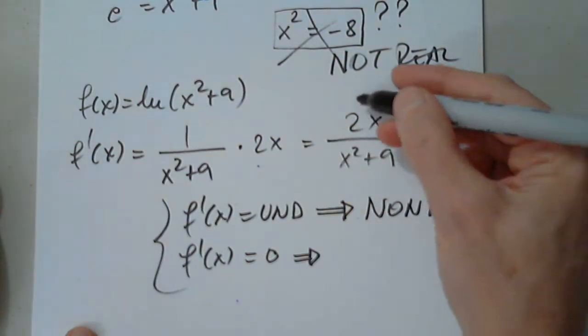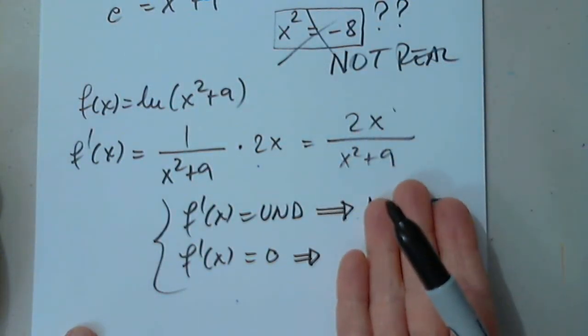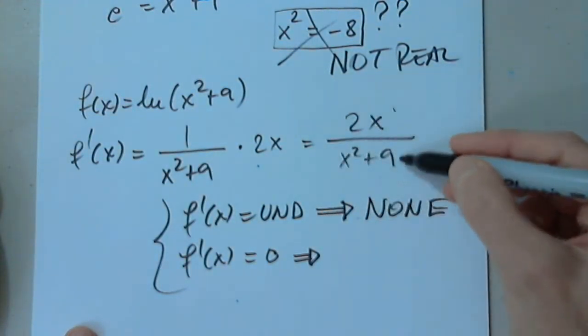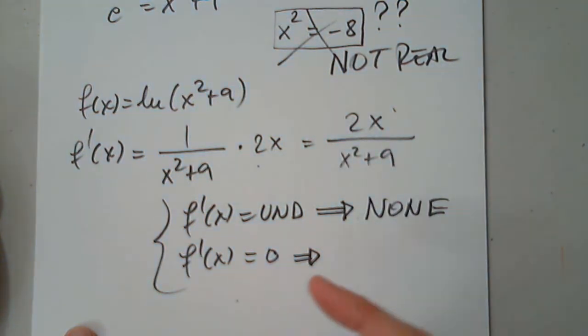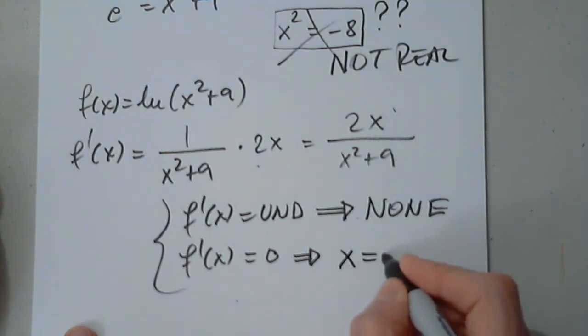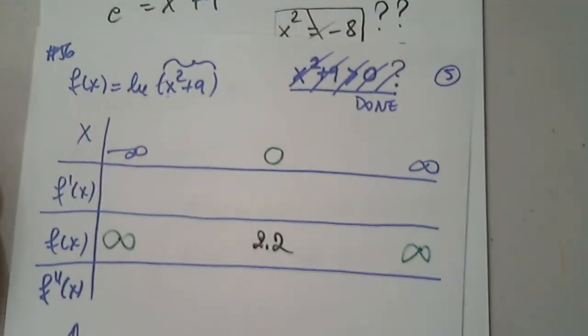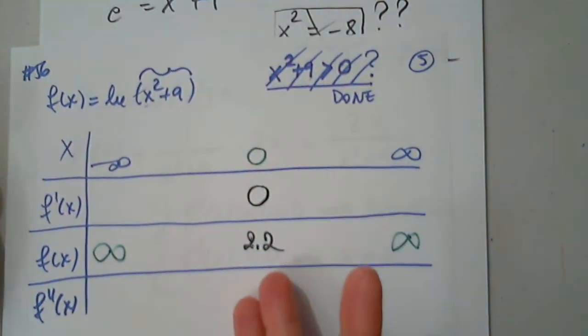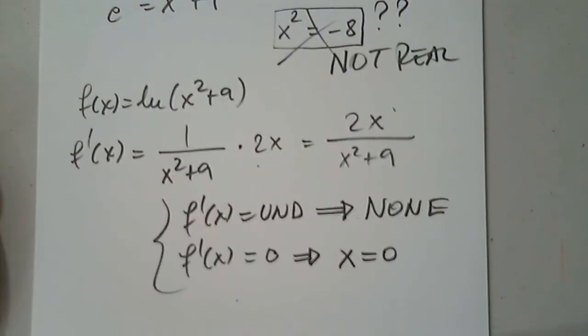Excellent. Because x squared plus 9 is never 0. Excellent. Where is this function 0? Zero. Excellent. Thank you very much. Look at that. Nice. Good.